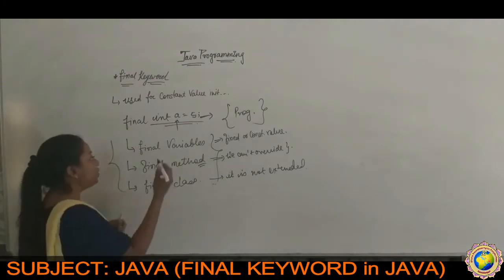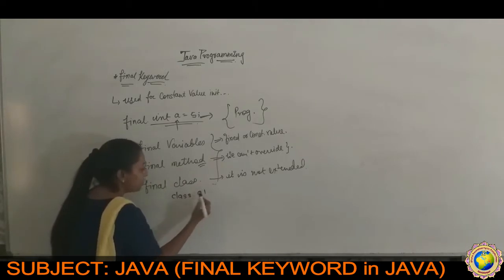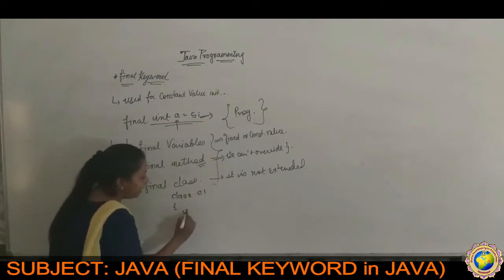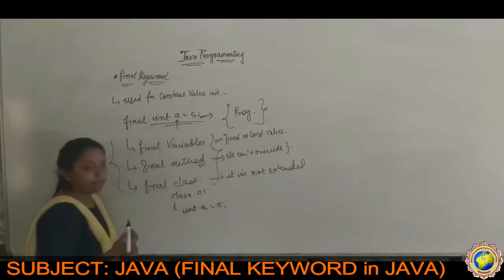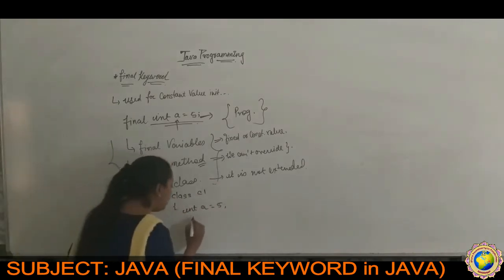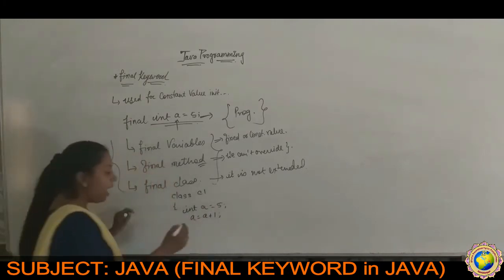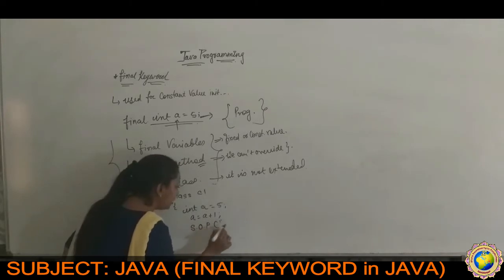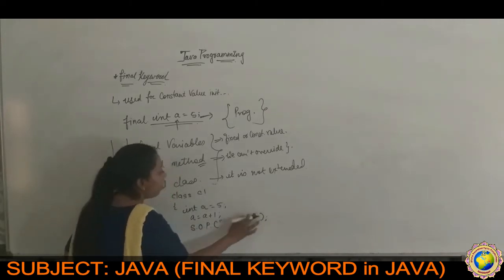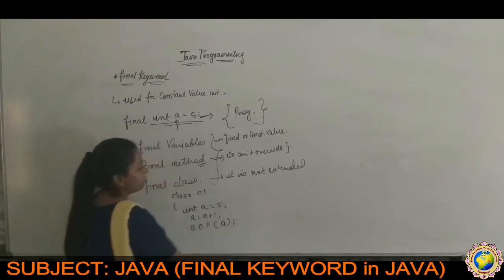Suppose we have class C1, and int a = 5, and a = a + 1. Next, System.out.println, and we can directly write a.